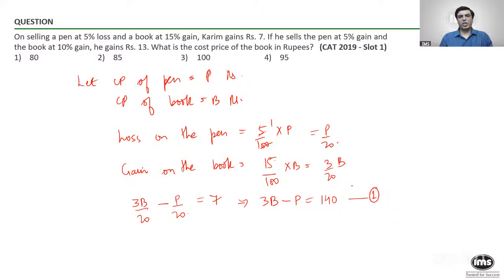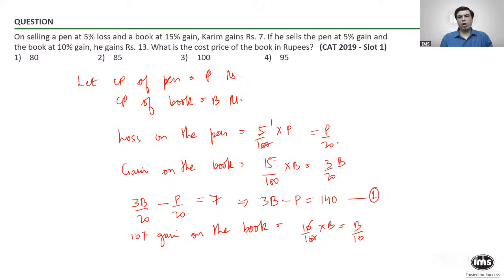Now you look at the second condition and let's frame a similar equation. 5% gain on the pen. As we've seen just now, 5% would mean P by 20. And then 10% gain on the book. 10% of any number is basically the number by 10. So 10% gain on the book is going to be 10 by 100 times B, which is nothing but B by 10.